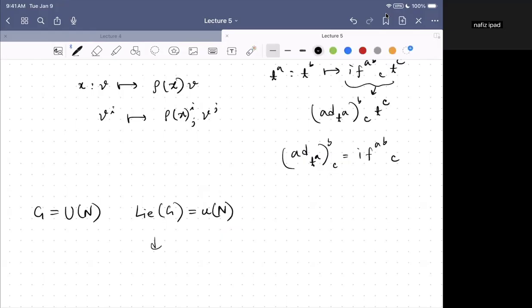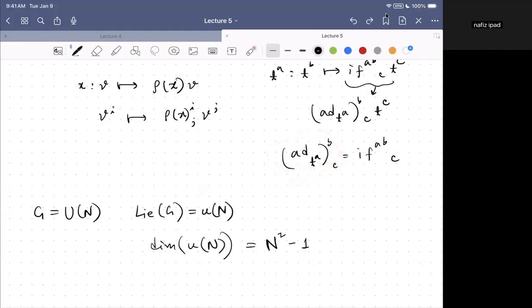What is the dimension of u(n)? Okay, well, the dimension of this is, what is it? Is it n squared? N squared minus 1, maybe? Okay, so when the Lie algebra acts on itself, each of these indices goes from 1 to n squared minus 1.